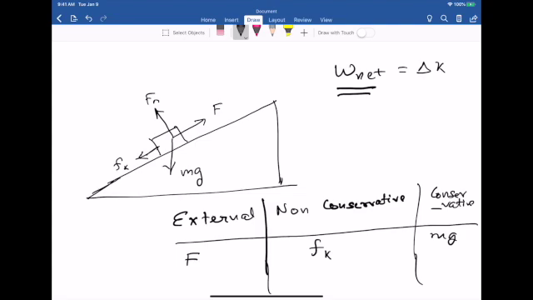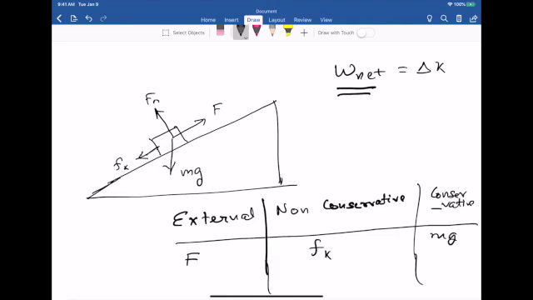Fn, and this should be clear to you by now, does not do any work. Can you tell me why? Pause the video and tell me why Fn doesn't do any work. The answer is because Fn is perpendicular to the displacement. The object is moving parallel to the incline, and Fn is perpendicular to the incline. And so Fn doesn't do any work in this case, and so we don't even need to consider it, right?